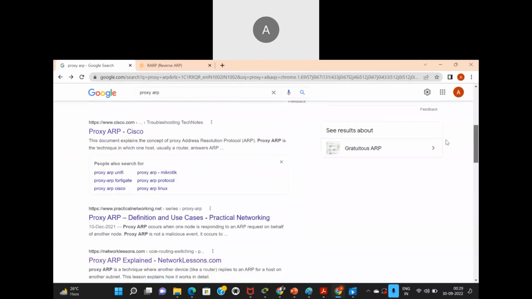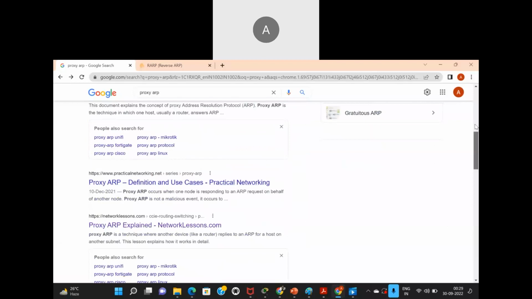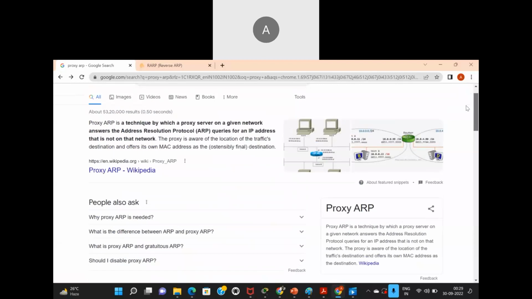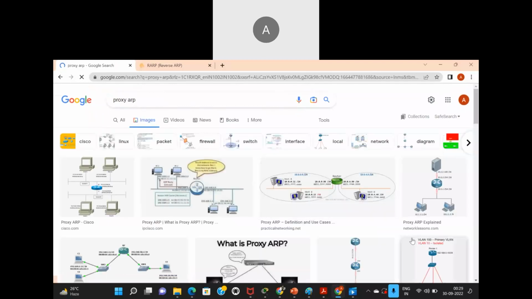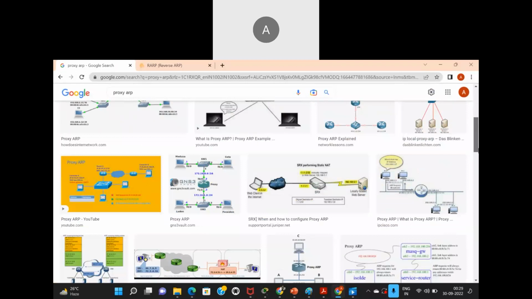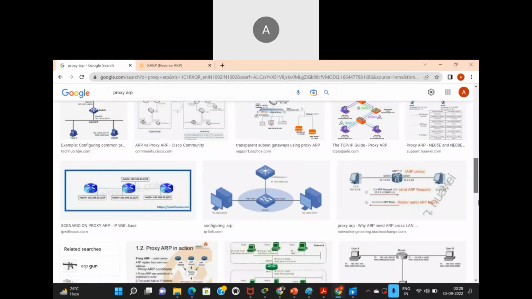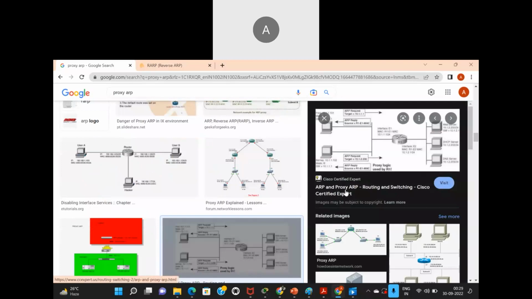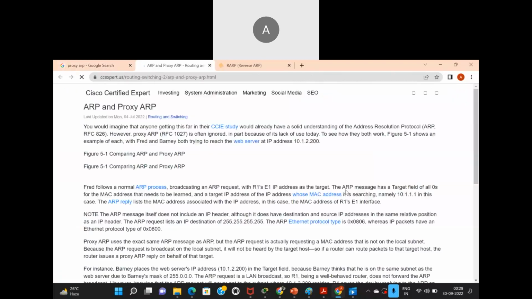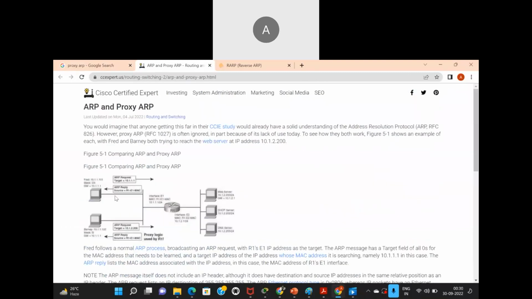I'm just trying to find the right image. Where's Proxy ARP? Hold on. Oops.